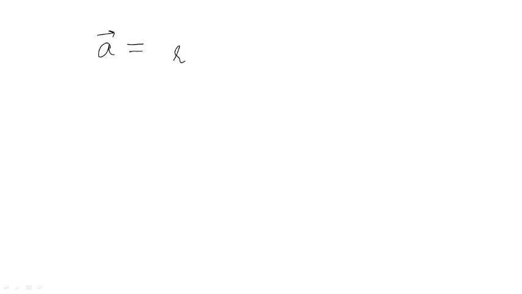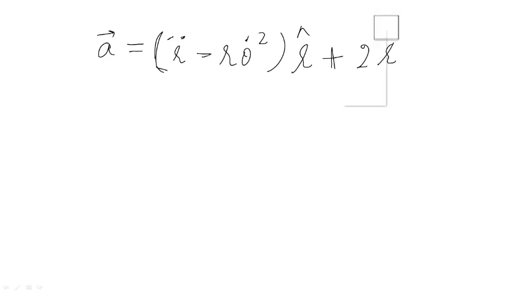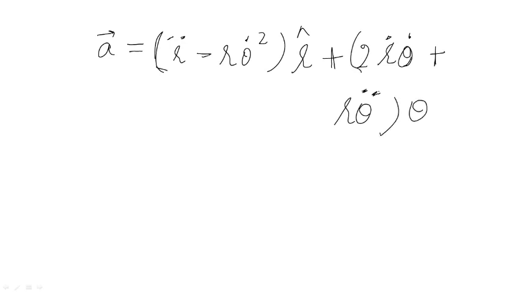It will be a equal to r double dot minus r theta dot square, unit vector r, plus twice r dot theta dot plus r theta double dot, unit vector theta.